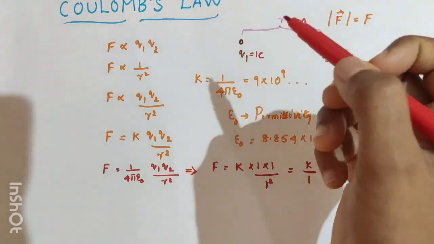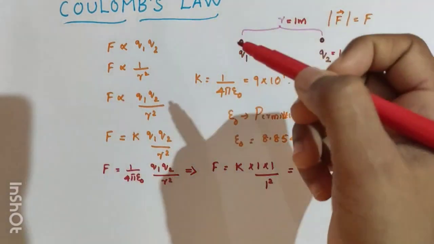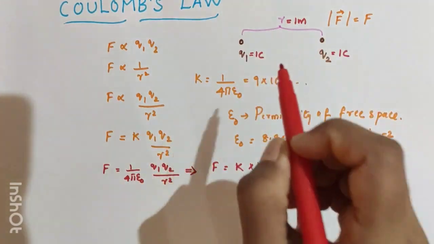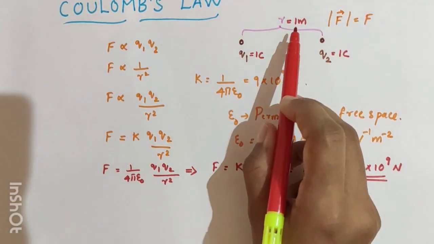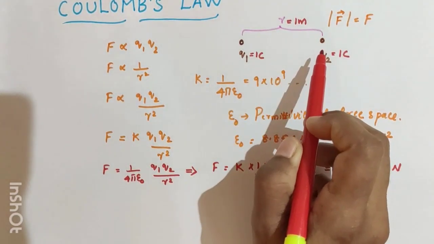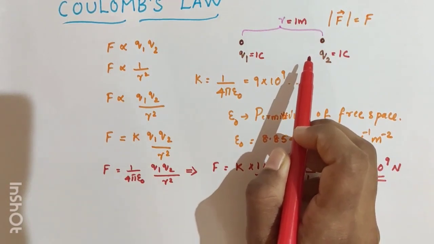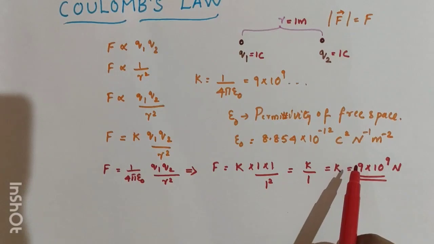But if one has a negative charge and another has a positive charge, then there is an electrostatic force of attraction between them. So here we can define 1 coulomb of charge as the charge that, when placed at a distance of 1 meter from another charge of the same magnitude 1 coulomb in vacuum, experiences an electrical force of magnitude 9 into 10 raised to 9 Newton.